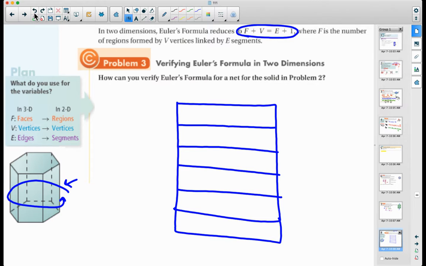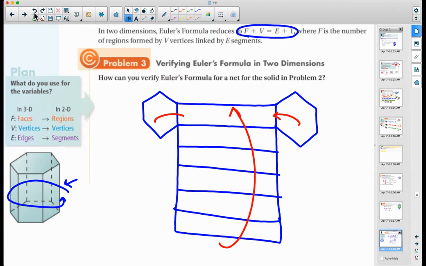And then off one of these, I'm going to have a hexagon, right? For the top, all right? And then off another one for the bottom, or we can do it off the same one, it doesn't matter. So that's what our net looks like, okay? So if I would wrap this around this way, fold this up, this would be my result, right?